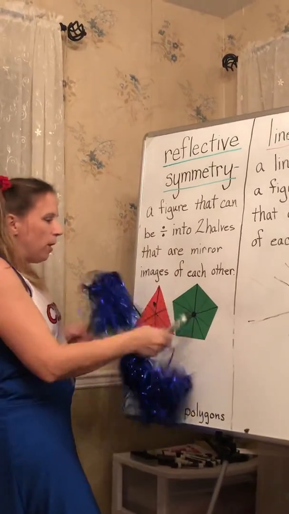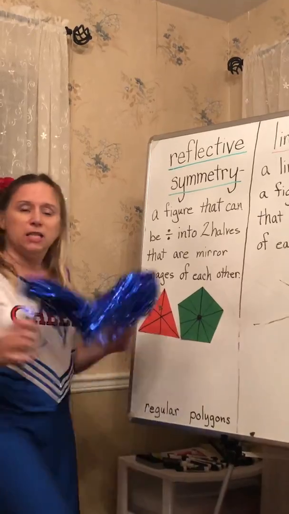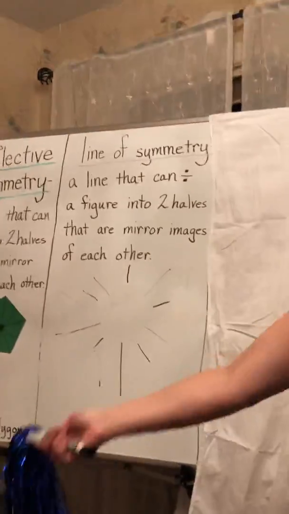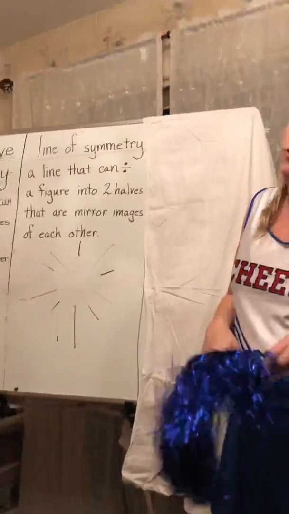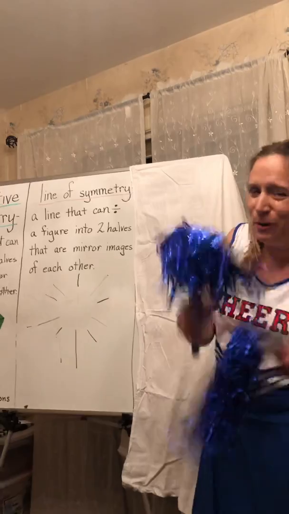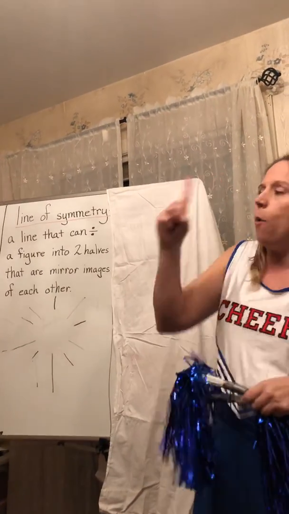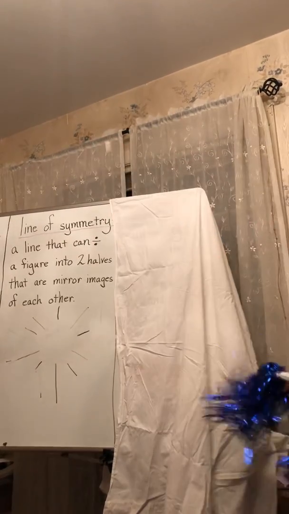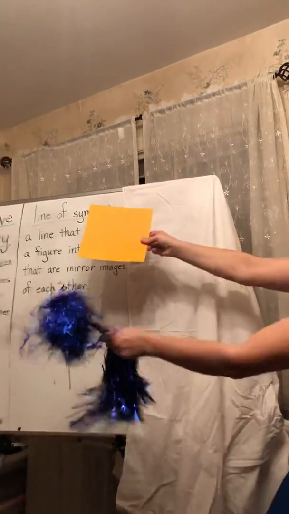But these are both odd-numbered regular polygons. Does it work with even numbers as well? Let's find out. How about a regular quadrilateral? Who knows what that is? A quadrilateral has 1, 2, 3, 4 sides. Then we could also call it a square.